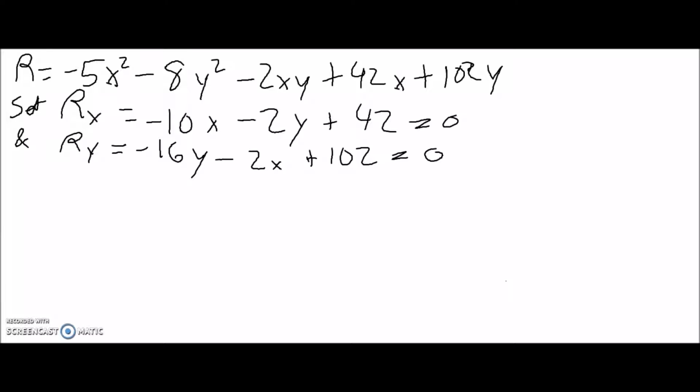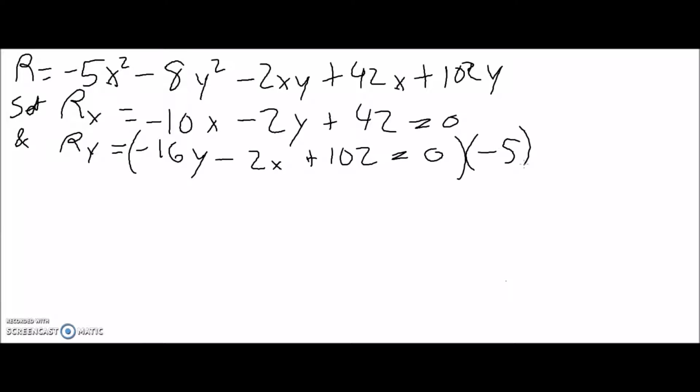Now that we've got these two, we've got a system of equations. Since they're both equal to 0, I'm going to use the elimination method. We multiply both sides of the first one by negative 5.